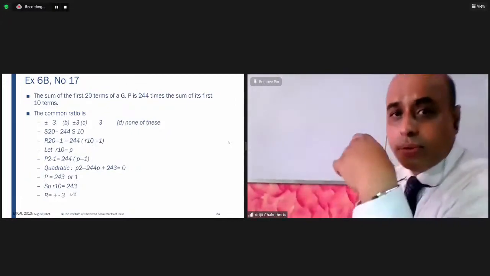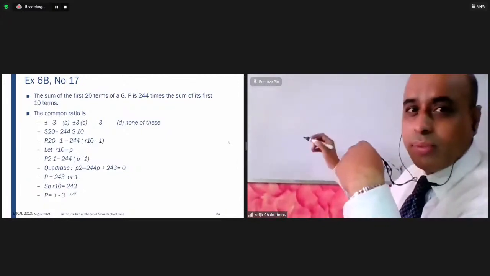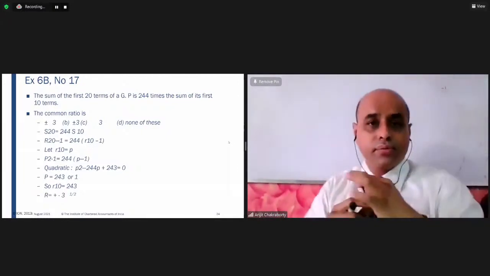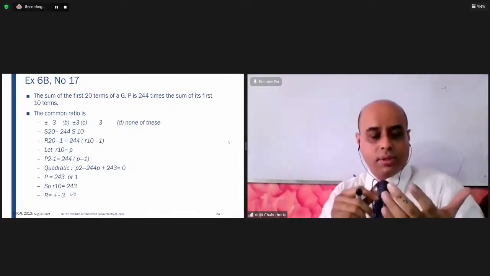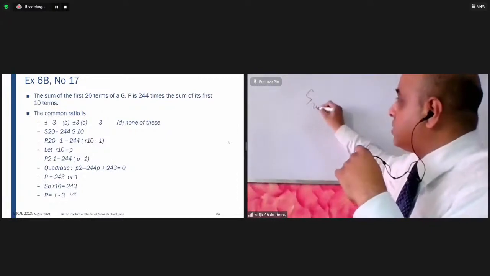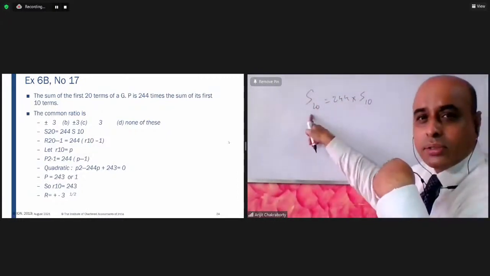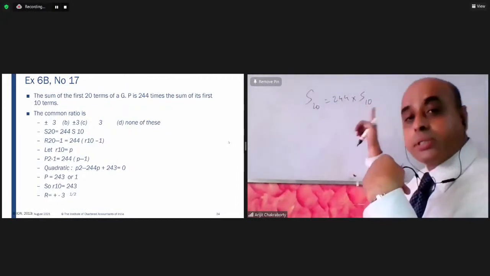And therefore, this leads to a quadratic equation. So S20 is equal to 244 into S10, the sum of the first 20 terms equal to 244 times the sum of the first 10 terms.